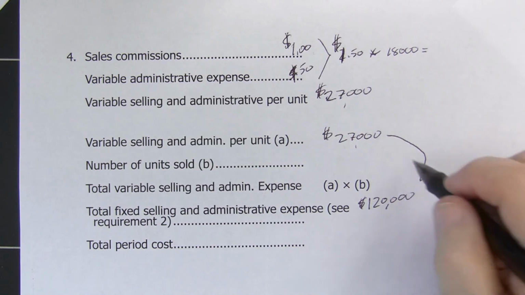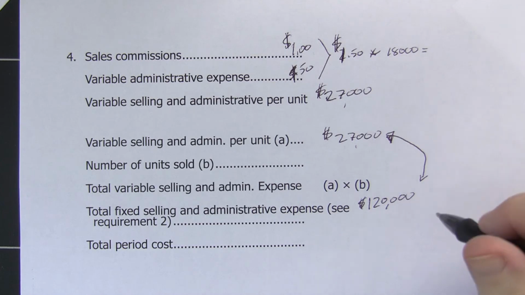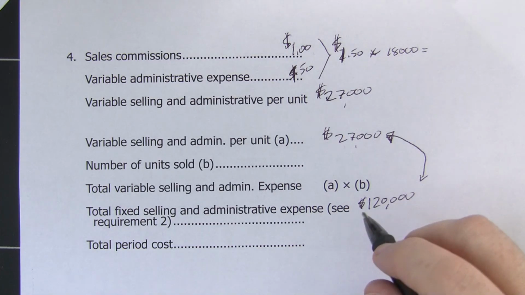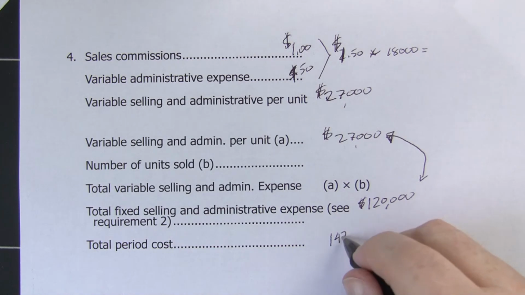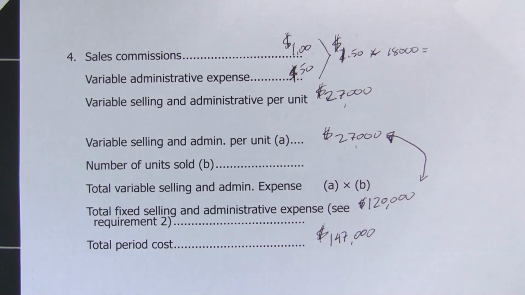So when we add these together, our total selling and general administrative expense, our total period expense, is $147,000 if we sell 18,000 units. And keep in mind, with all of these, we have some part of it that is fixed, some part of it that is variable, so you can't just follow a straight line that as sales go up, dollars will go up. It will not be a straight line because there's that fixed portion that doesn't change.